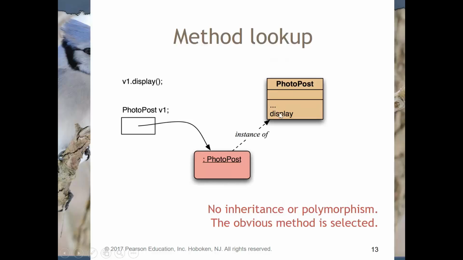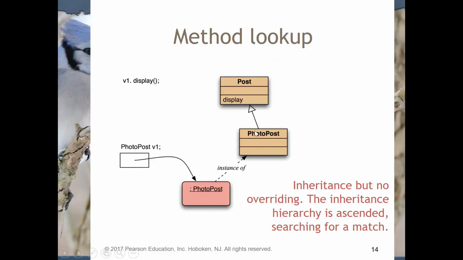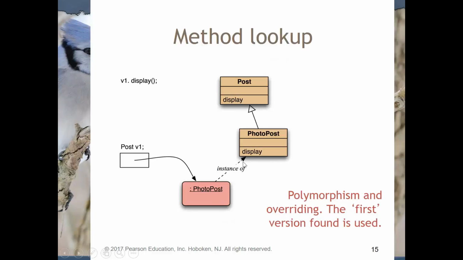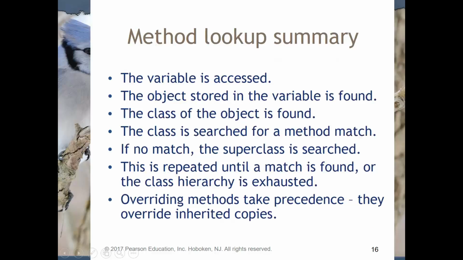So, in this case, no inheritance, no polymorphism. This is exactly how it is. It's going to come and find that one first. Here, with inheritance, it doesn't find this one, therefore it goes up to the top. In this case, it's in both layers. It looks at this one, sees if it matches the signature of the method. If it does, it uses it. If not, it continues its search. The variable is accessed.